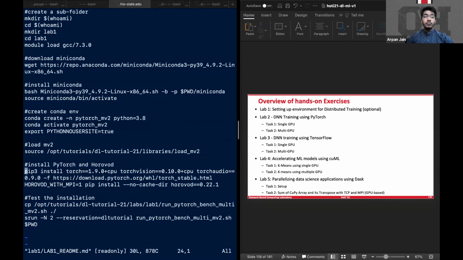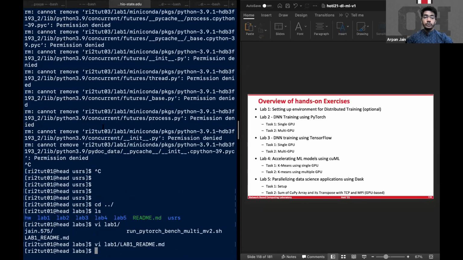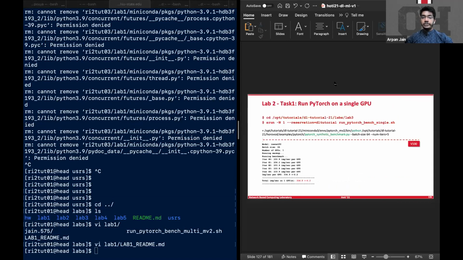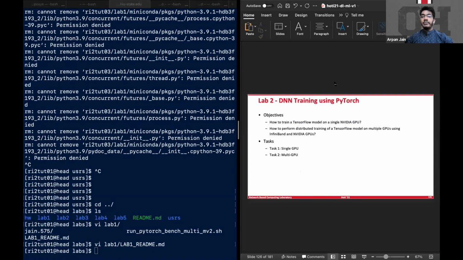You can follow these. We are also installing Miniconda so that you don't have to rely on the native Python installation. So let's go with lab 1. Let's try to run lab 2, sorry.